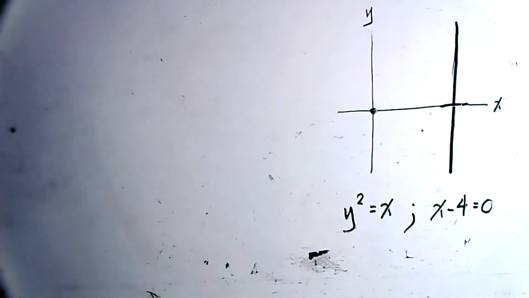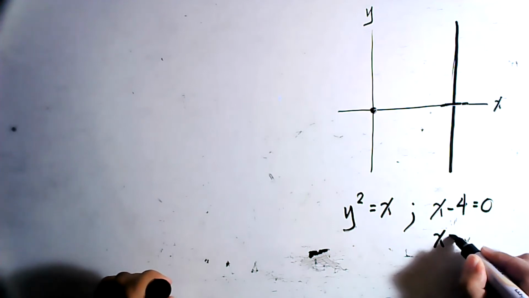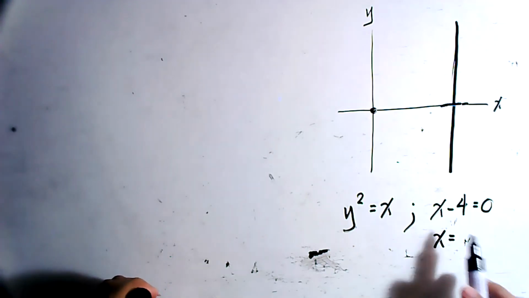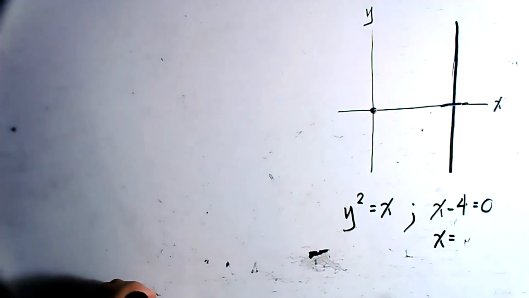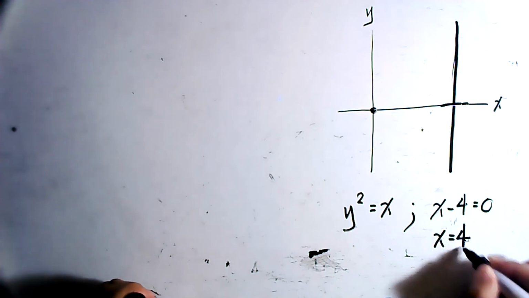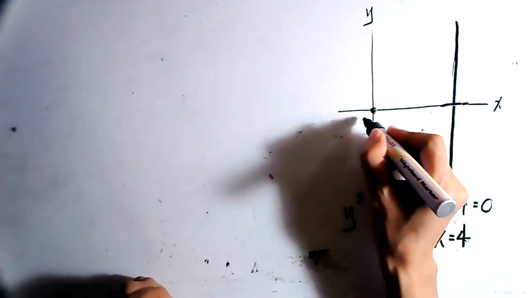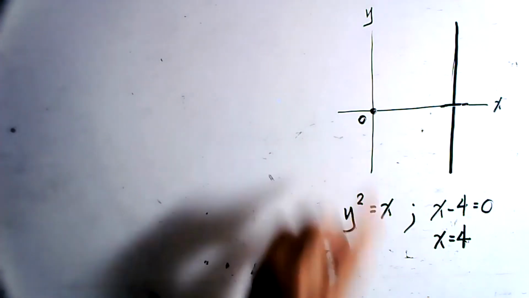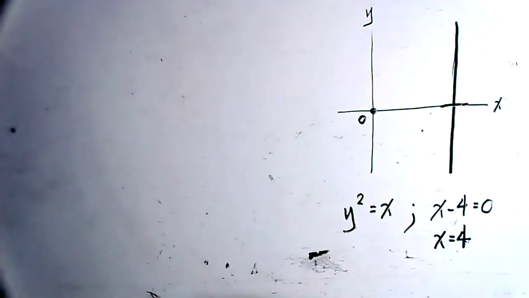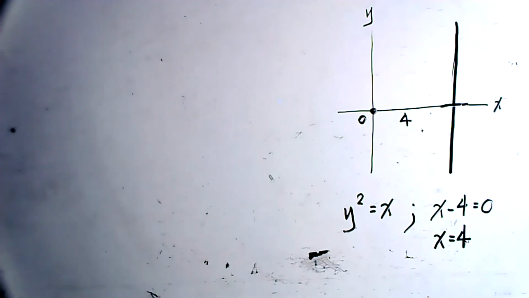So you would notice that we can first express x in terms of the constant by simply transposing this -4 to the other side of the equation, and that would give us x is equals to 4. So in the Cartesian coordinate system, from the point of origin 0, we count 4 units, and that will be the value for x.